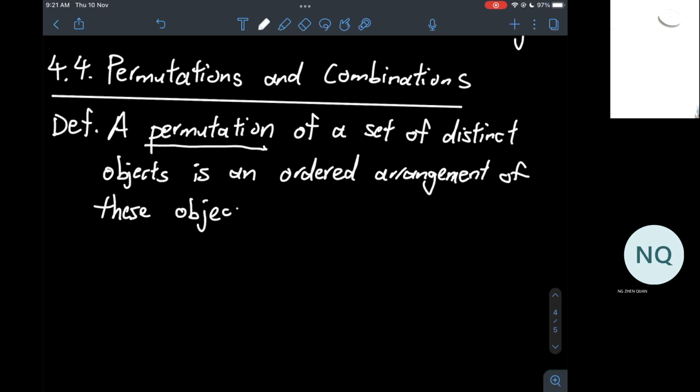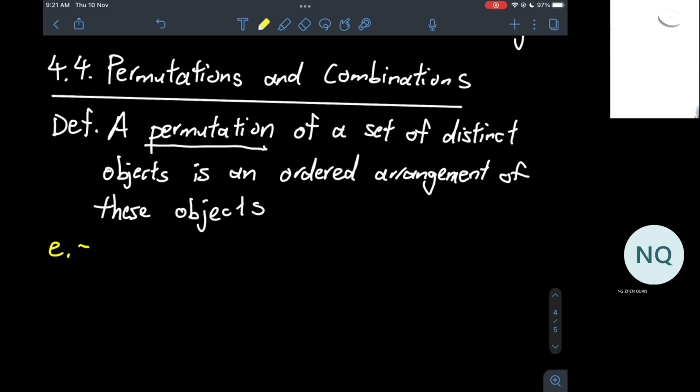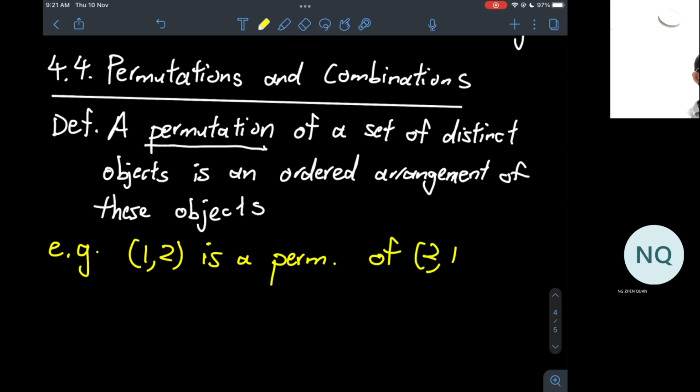Let's use an example to understand if you don't know the word. I will say that 1, 2 is a permutation of 2, 1, because you swap the first coordinate with the second coordinate of the permutation.